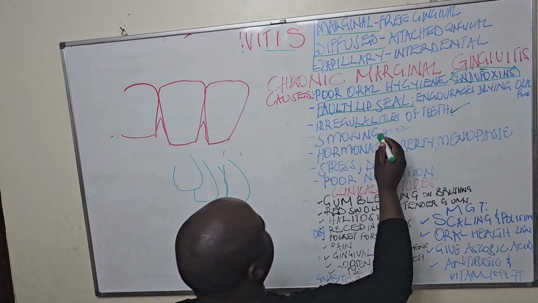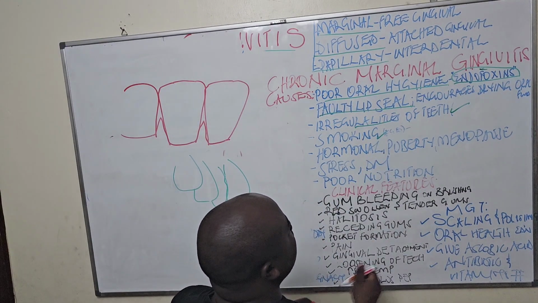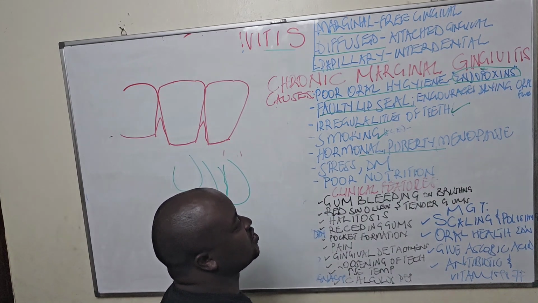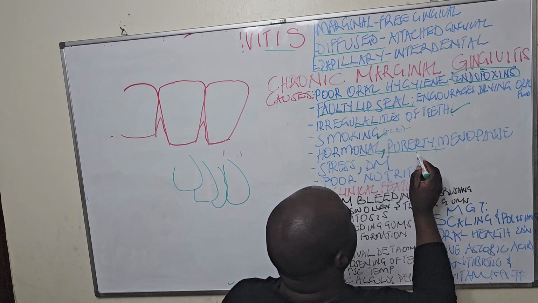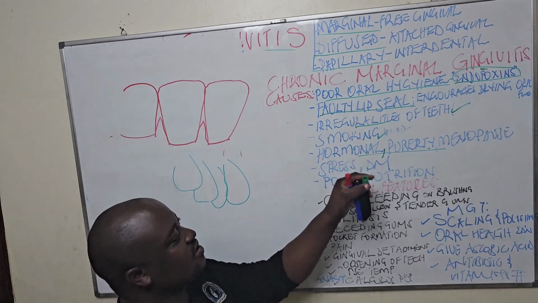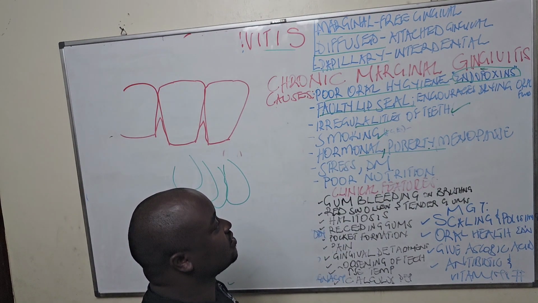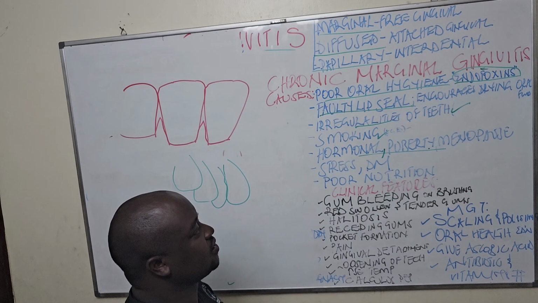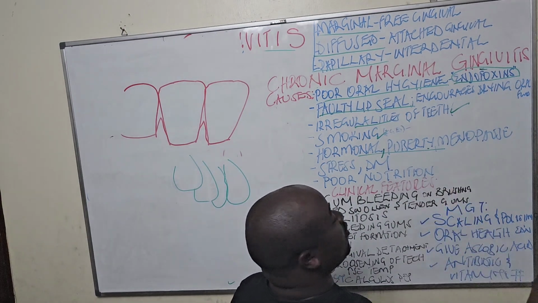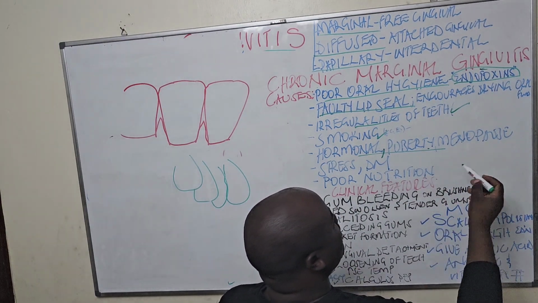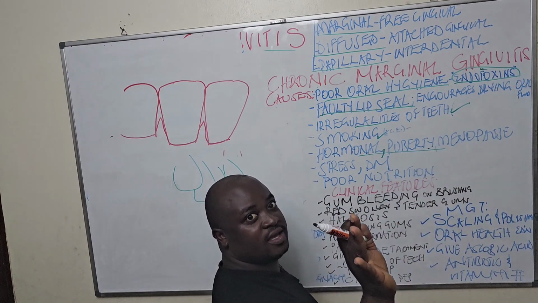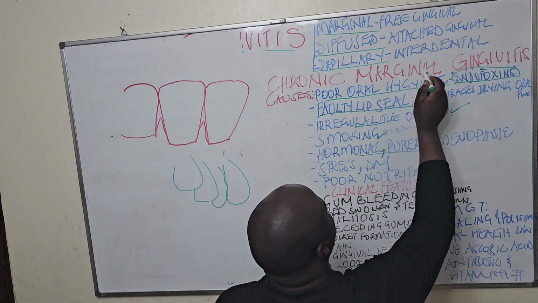Apart from smoking, we have hormonal response, for example in puberty and menopause. Usually, once we have all these, we shall have an increase in serum in the blood, and usually we have people who are in menopause, menstruation, and periods, and we can always have what?